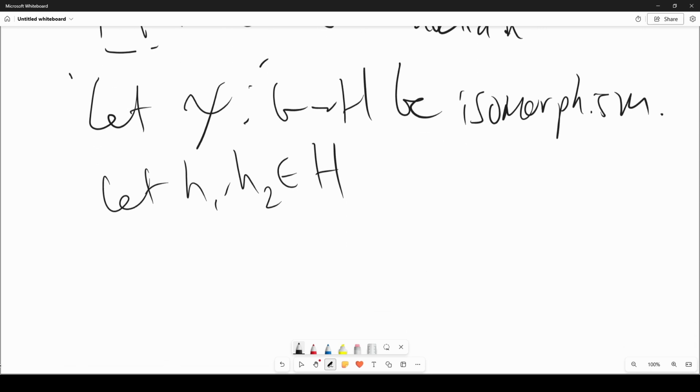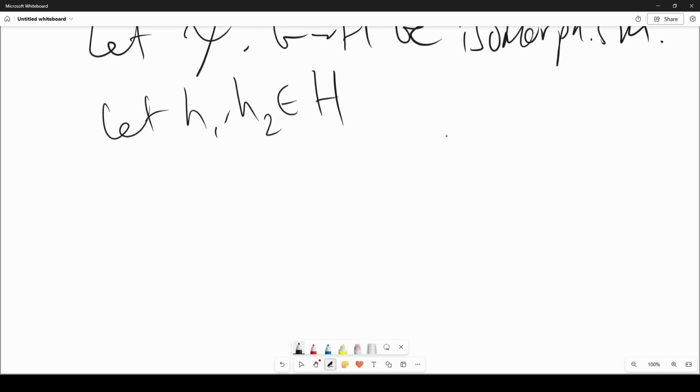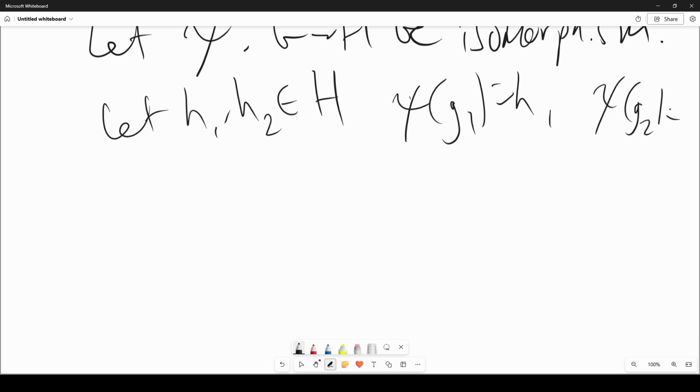So we're going to take these two elements and we're going to consider the following diagram where we have that psi of G1 equals H1 and psi of G2 equals H2. We know that these G1 and G2 must exist because psi is an isomorphism. So there has to be something that gets into H1 and something that gets into H2 because it's bijective.